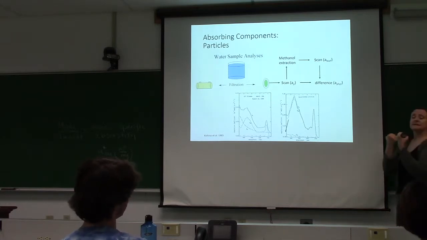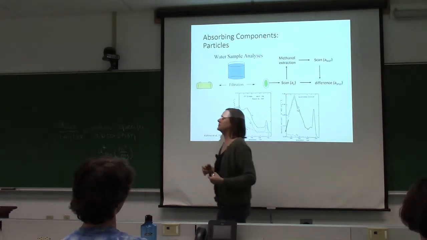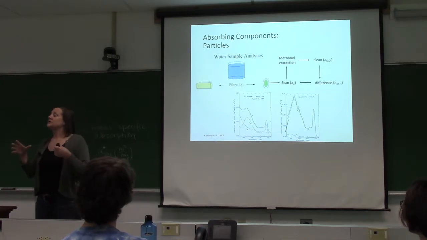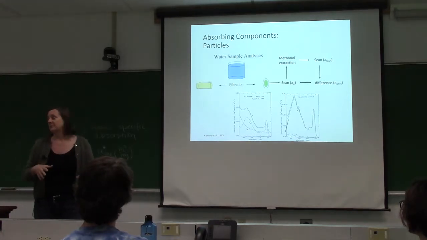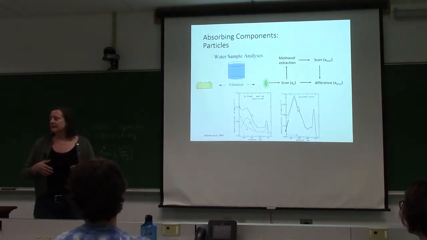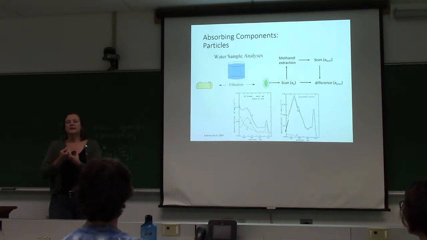When they're packed in the cell and they're rooted into membranes and they're attached to each other, their absorption spectra is very different because the molecular structure of the pigment is different when it's attached to a membrane. And if you want to know what a phytoplankton really absorbs like, you need to know what its absorption is intact or in vivo. And this is how you get that.